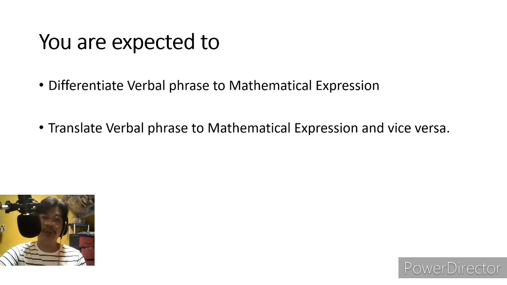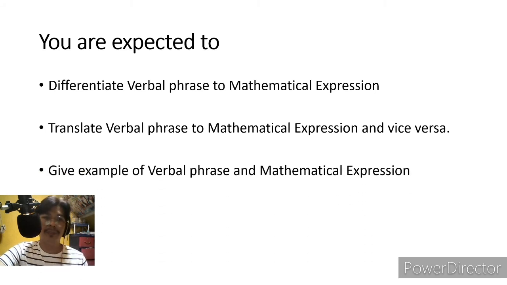In multiplication, we have multiply, the product, thrice, twice a number. And in division, we have divided by, the quotient, the ratio of, over. So these are the different words to understand in order to translate a verbal phrase to a mathematical expression and vice versa.